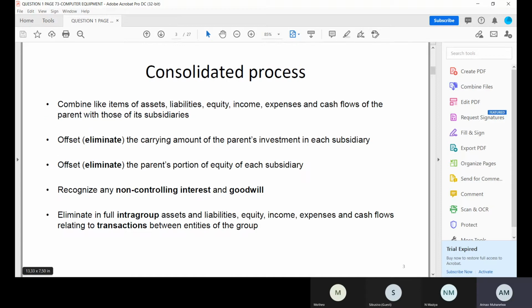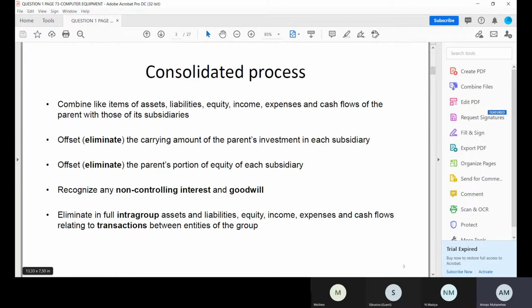Now the consolidation process, on a high level. There are procedures in terms of IFRS 3 and IAS 27 as to how we do consolidation. If you have two companies, company A as a parent and company B as a subsidiary, how do you consolidate?